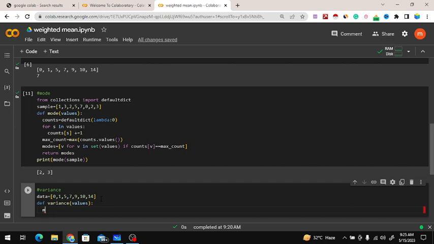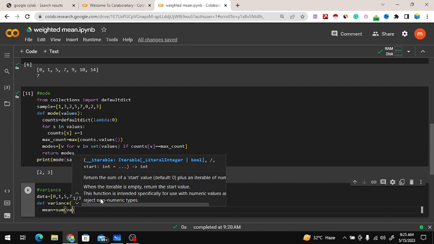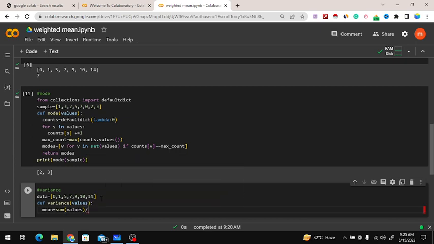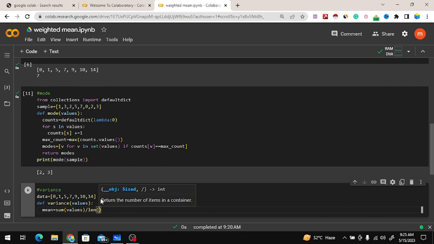So mean will be equal to the sum of this data. So the sum of values we have taken, divided by the length of these values, so len of values. And now the variance should be, so let's go ahead.